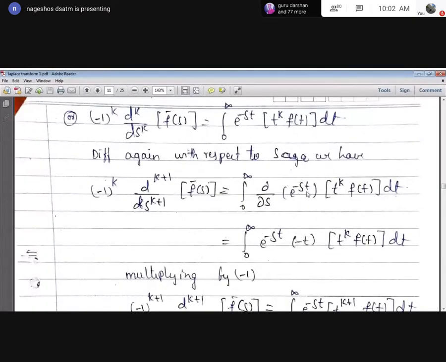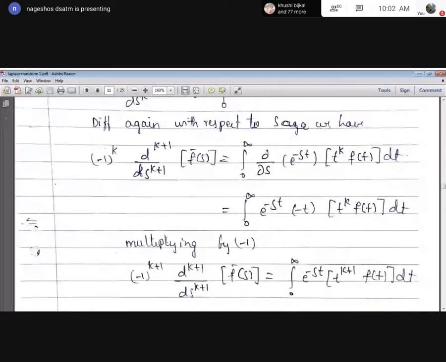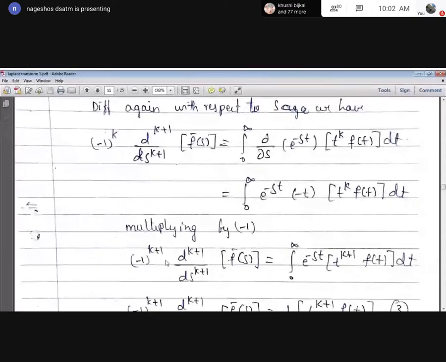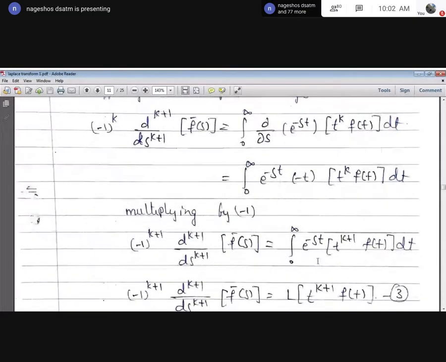So the derivative of this is e power minus st into minus t power k f of t. Multiply by minus on both sides; already minus 1 power k is there, so this becomes minus 1 power k plus 1, and the other terms remain as they are. Here minus becomes plus. Take this t inside and it becomes t power k plus 1.